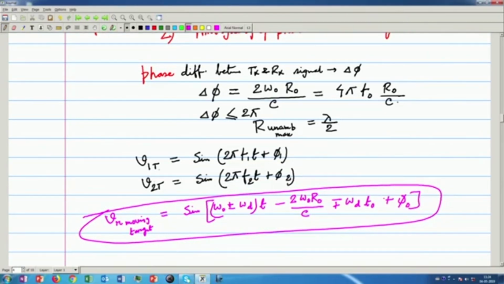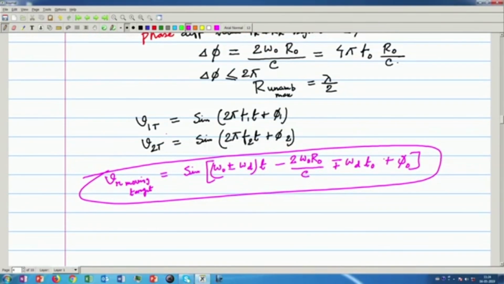So, the transmitter is sending two such signals, F1 and F2.